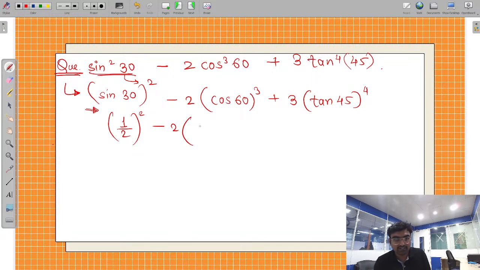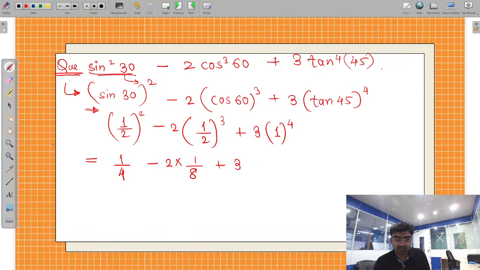So it's going to be again the same, 1 by 2 raised to 3 plus 3 into tan 45. What is the value of tan 45? It's 1. Okay, so next step is 1 by 2 square, that means 1 by 4, minus 2 into 1 by 2 cube, that means 1 by 8, plus 3, and 1 raised to 4 is going to be 1 only, correct?